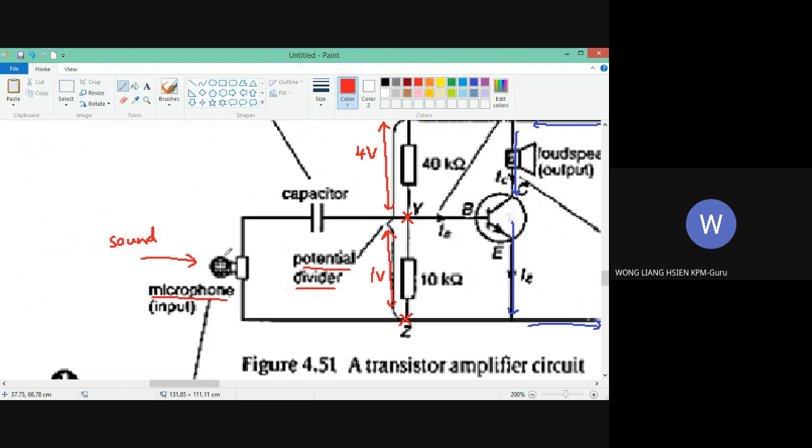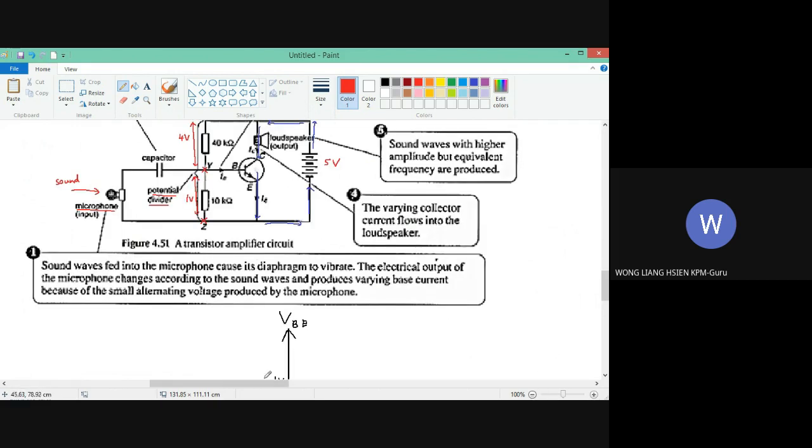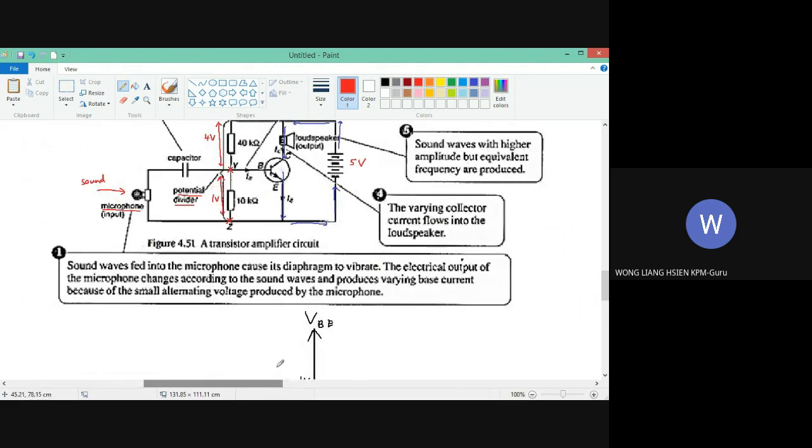If you can produce alternating current, that means you will be able to produce alternating EMF. That means the electromotive force that is produced by the microphone is alternating in two directions. So let's say we draw a graph that shows the alternating EMF produced by the microphone.